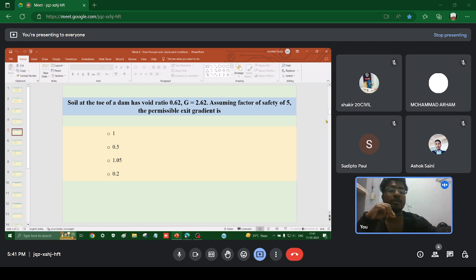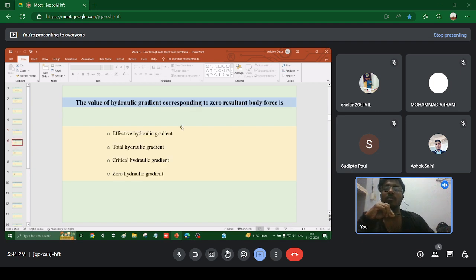Assuming factor of safety of 5, the permissible exit gradient is 1, 0.5, 1.05, 0.2. Next question was: the value of hydraulic gradient corresponding to 0 resultant body force is. The options are effective hydraulic gradient, total hydraulic gradient, critical hydraulic gradient, or 0 hydraulic gradient.